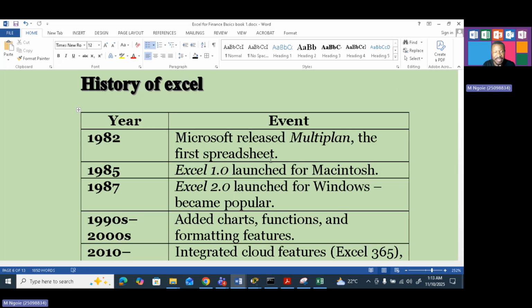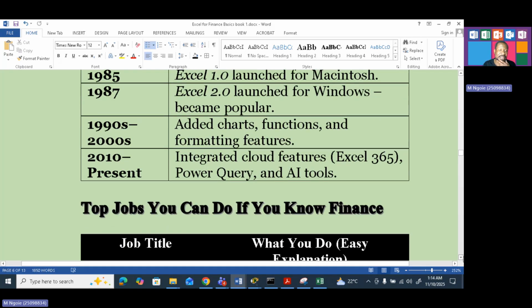From 1990 up to 2000, Excel was using graphics or charts and functions and formatting features. And in 2010 and now, there are so many functions like cloud computing and AI tools incorporated in Microsoft Excel, right?